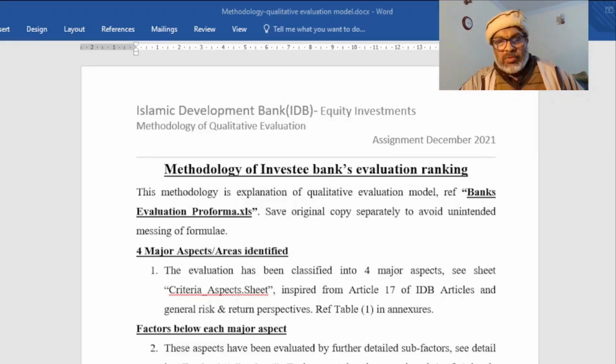Numbers were associated to these levels, and hence an overall number was derived. So that is how I explained in this document with the flow charting, with the tables.